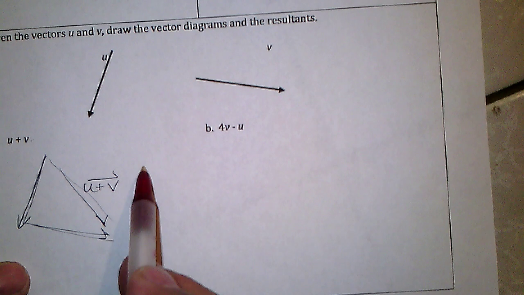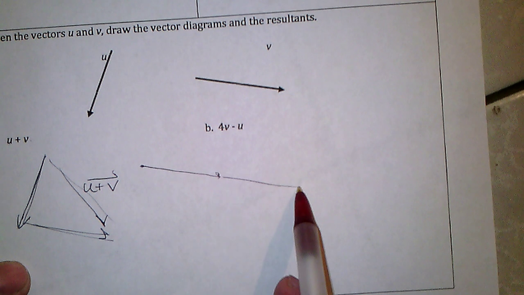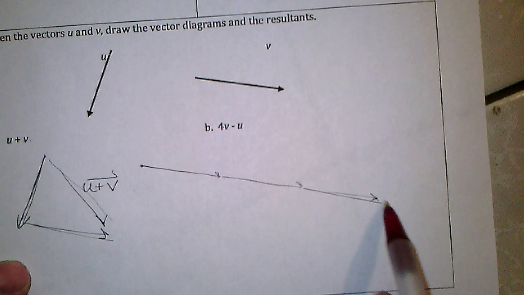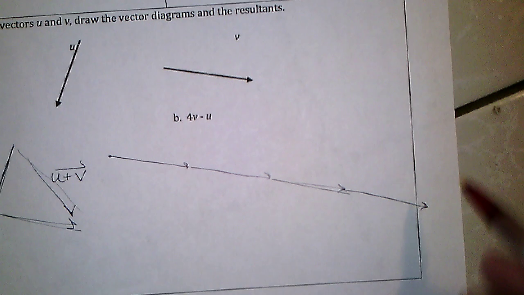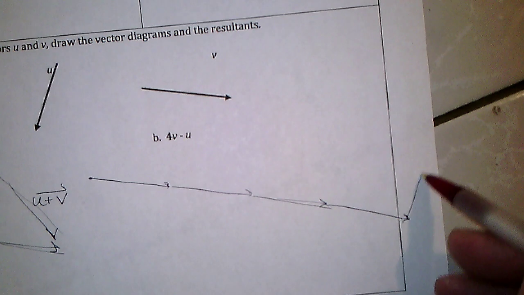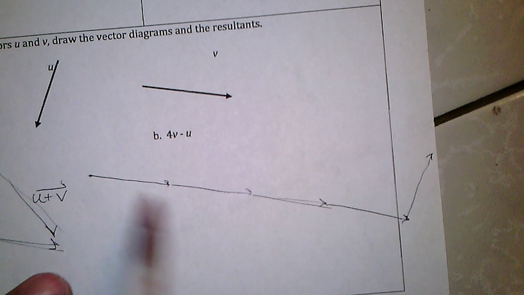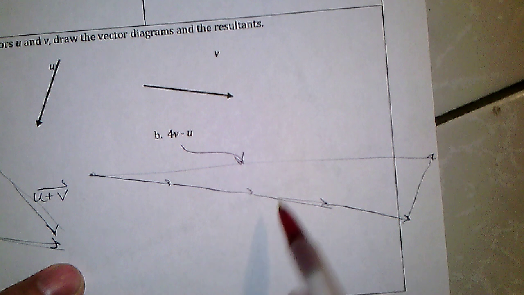So I'm going to start way over here and go 1, 2, 3, 4 V's minus U. That's going to take me up about there. So this would be 4V minus U.